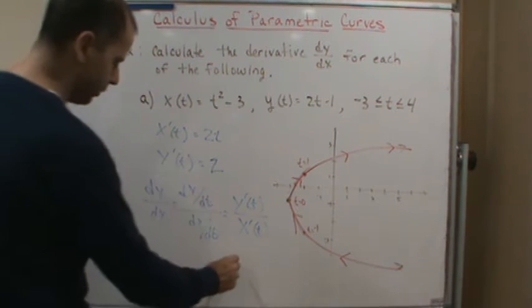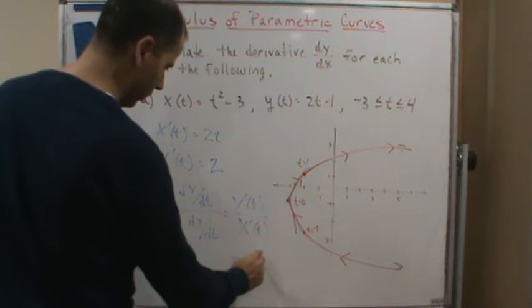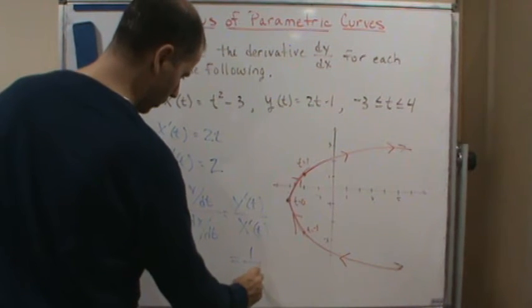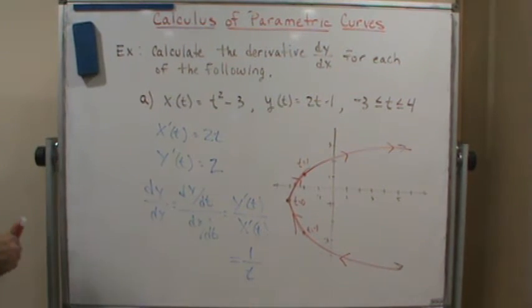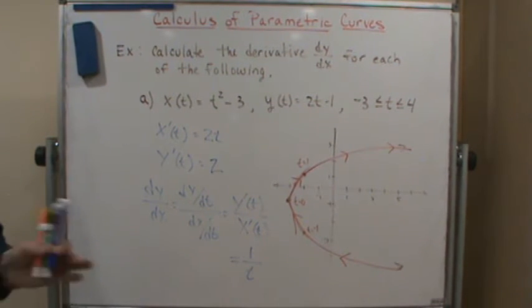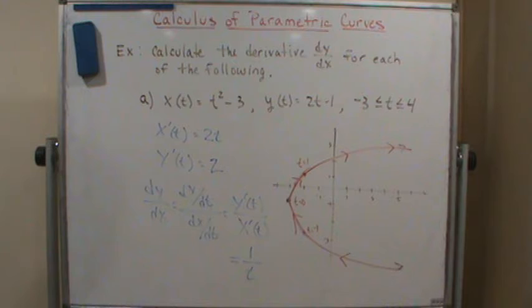And so what does this equal? This is going to equal 1 over t. Okay, now, that's the slope formula, right? That formula is the parametric equation, if you will, for finding the slope for any value of t along the curve.